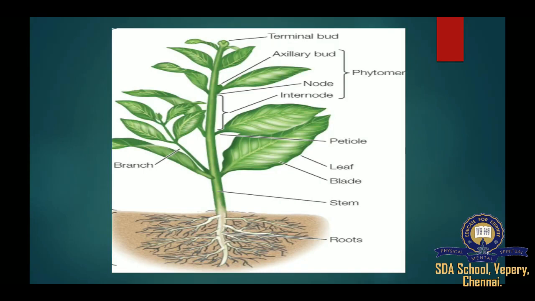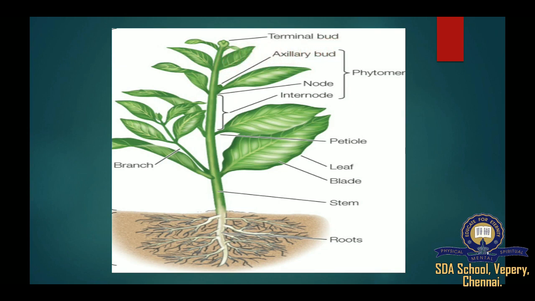Though they may look very different, stems have a few characteristics in common. They have joints called nodes, from which leaves and branches arise. The portion of the stem between two nodes is called the internode. Stems bear buds at various locations. Buds that grow at the apex of the stem or its branches are called terminal buds or apical buds.